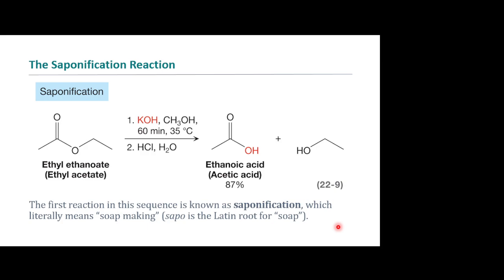So the first reaction in the sequence, that's saponification right here. It literally means soap making. In Latin, sapo is soap. This was one of the first cultures that widely figured this out, particularly because they used to burn the remaining parts of their animals in the fire, which makes soda ash and potassium ash, or potash.